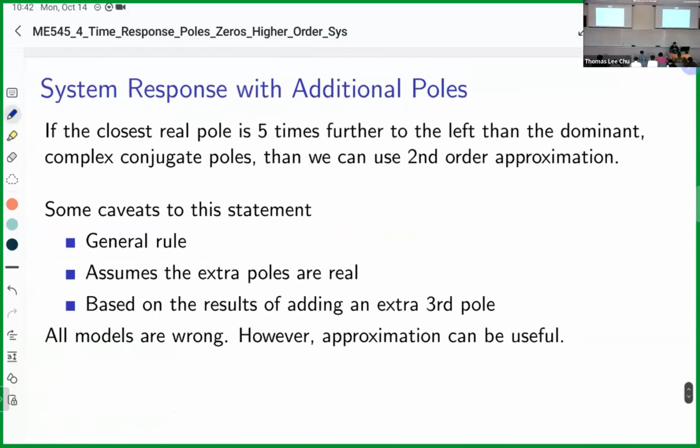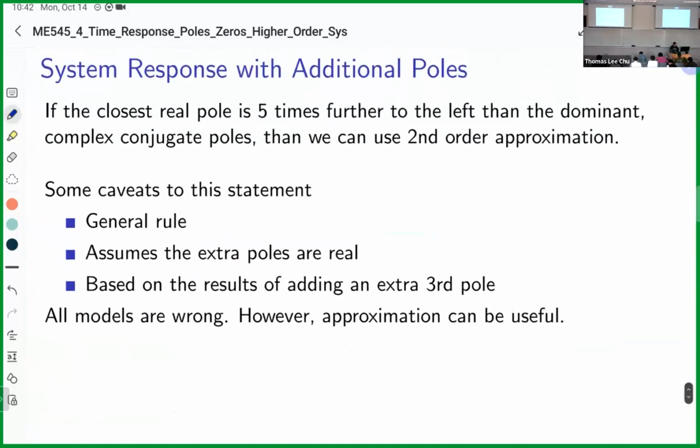Okay, so what this rule is saying, or the textbook says, is that if the closest real pole is 5 times further to the left than the dominant complex conjugate poles, then we can use second order approximation.